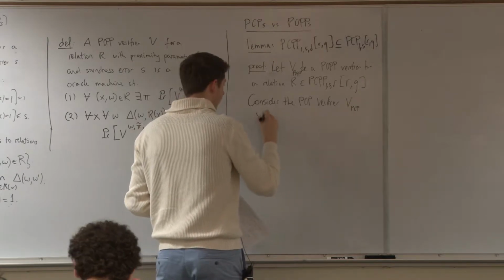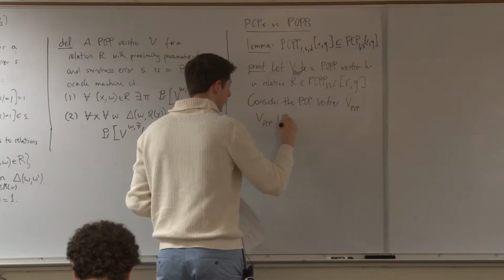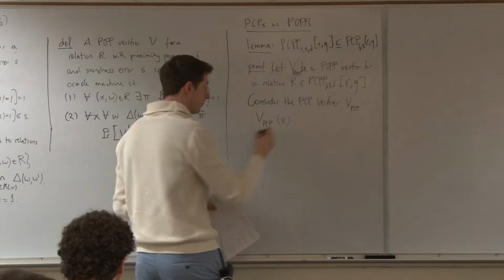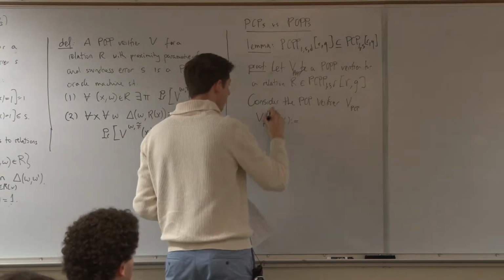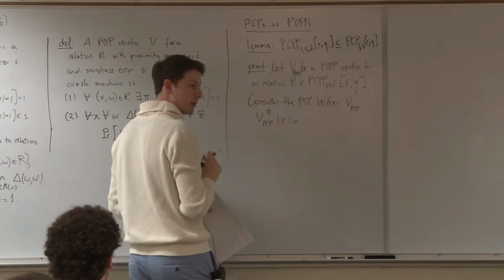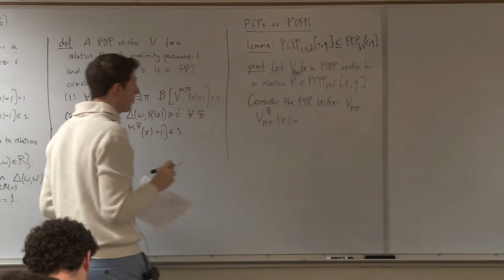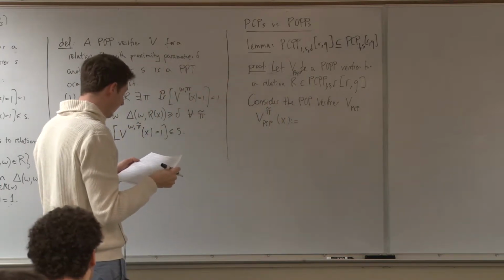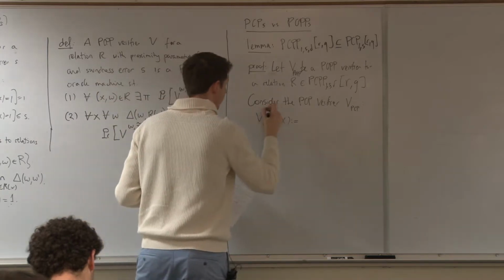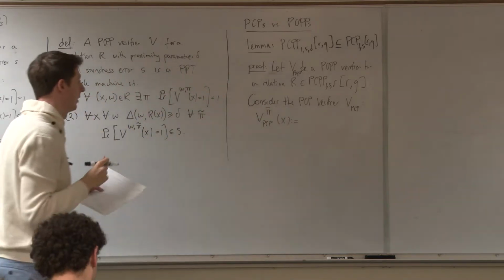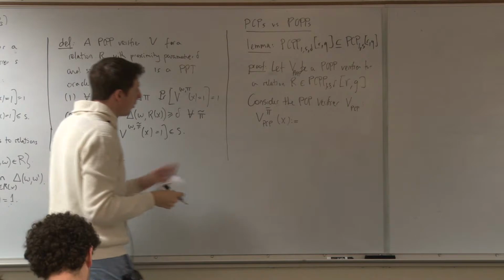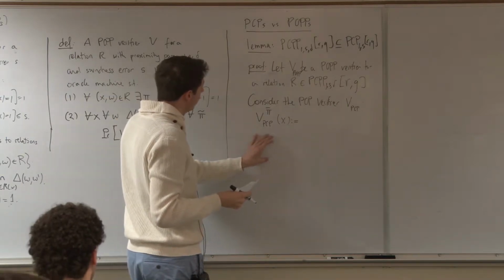Now, V_PCP will take an input X, do something with it, and it has access to one proof. Let's already think that this proof, let's call it pi bar, maybe is not the one that was prescribed. So what do we do?